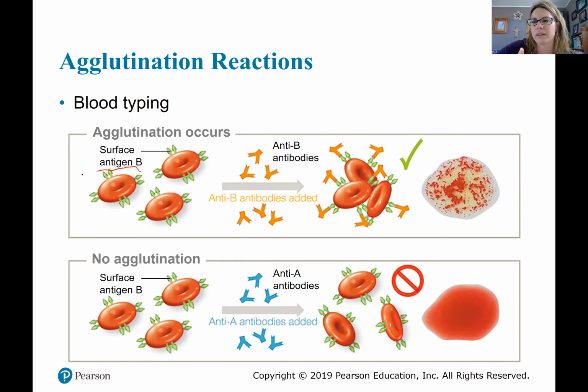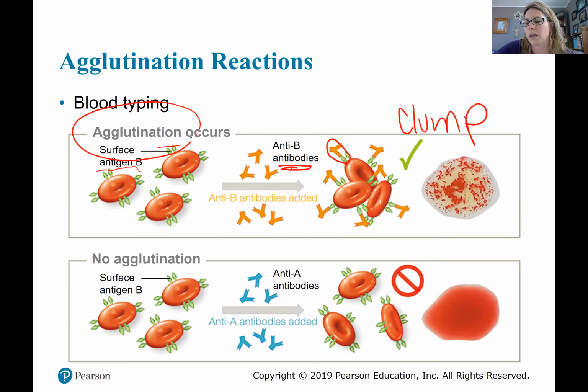So if I were to do a finger stick and squeeze some blood out on the little blood typing card, and I come by with a little bottle of solution and dumped on my red blood cells the antibody that attaches to type B, do you see how they attach there? What would form is a clump. Do you remember what a clump is called? This process is called agglutination.